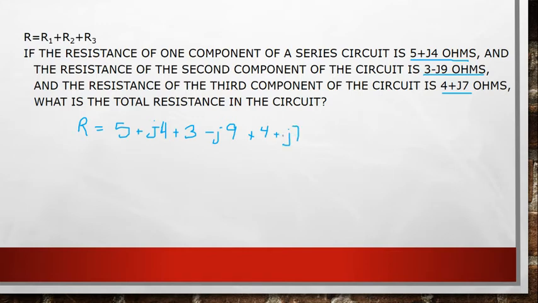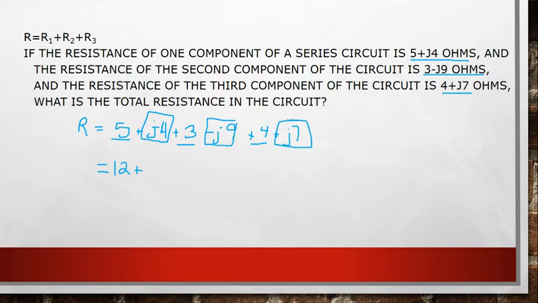So in order to add this together, I just need to combine my like terms. I have a 5, a 3, and a 4 as my three constants. So 5 plus 3 plus 4 gives me a 12. Plus, I then have a positive j4, negative j9, and a positive j7.